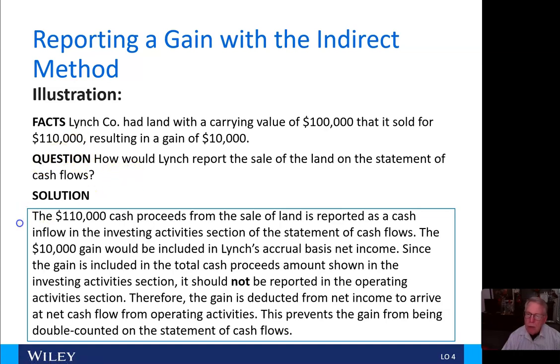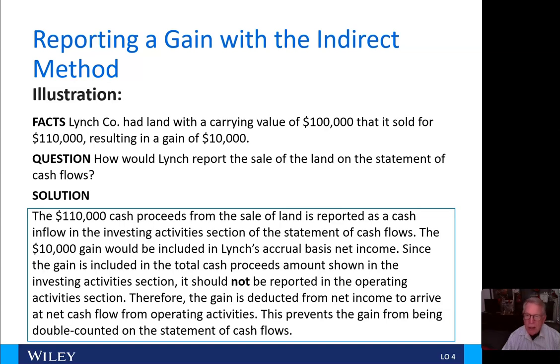The question is, how would Lynch report the sale of the land on the statement of cash flows? The $100,000 cash proceeds from the sale of the land is reported as a cash inflow in the investing activities section of the statement of cash flows. The $10,000 gain would be included in Lynch's accrual basis net income.